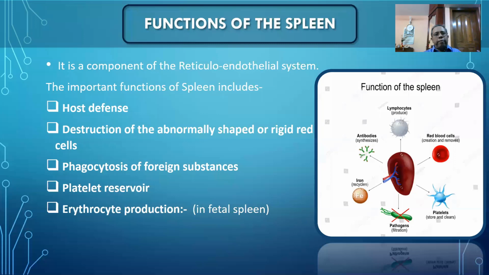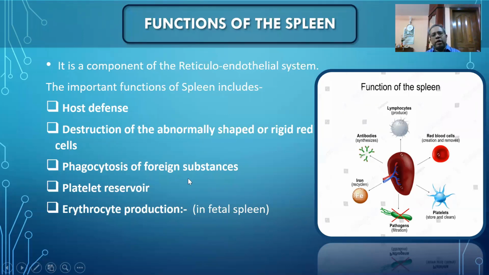The function of the spleen. It is a component of the reticuloendothelial system. The important functions of the spleen include, the main function, host defense and destruction of abnormally shaped or rigid red blood cells, and phagocytosis of foreign substances which enter the blood.